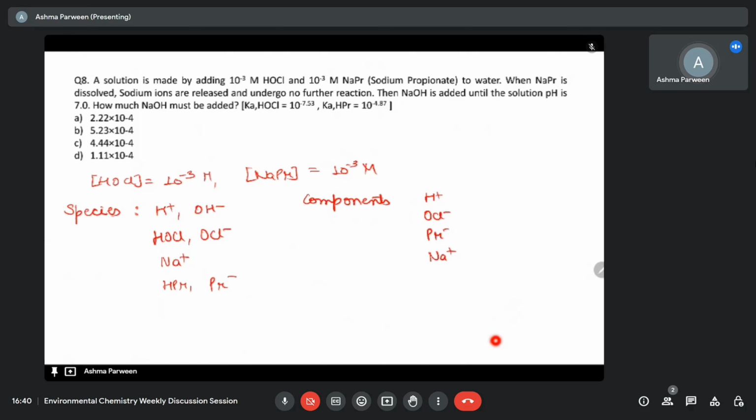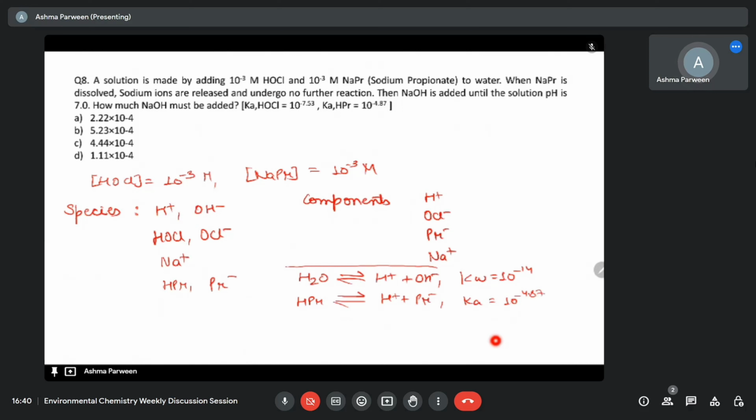Let's write the corresponding reactions for the system. First, for water, it dissociates as H plus and OH minus, and Kw is 10 raised to power minus 14. Next, for HPr, it gives H plus and propionate ion, and the Ka is 10 raised to power minus 4.87.